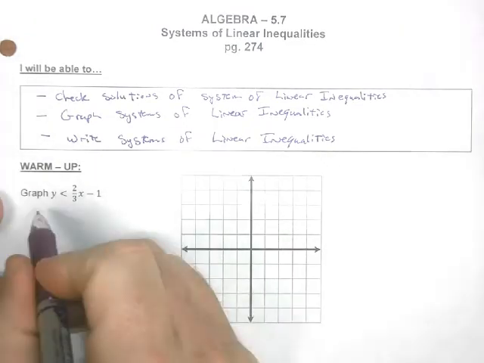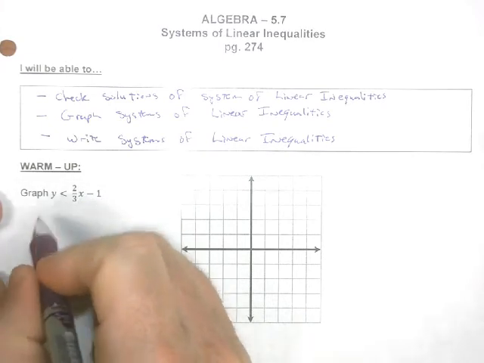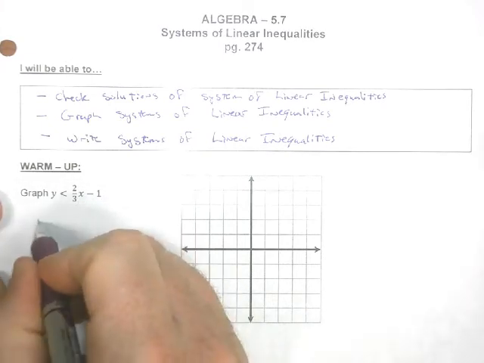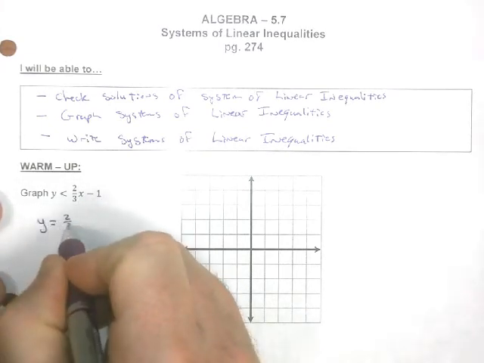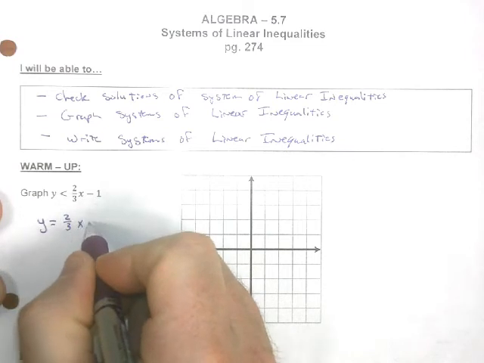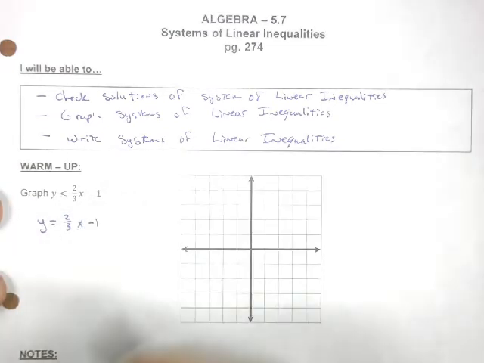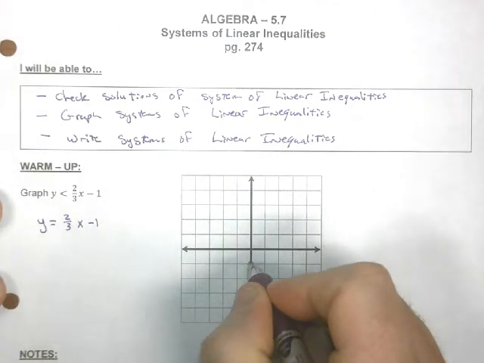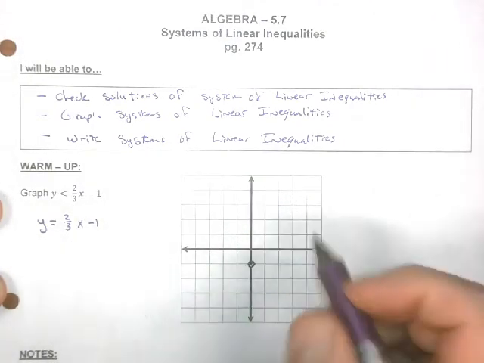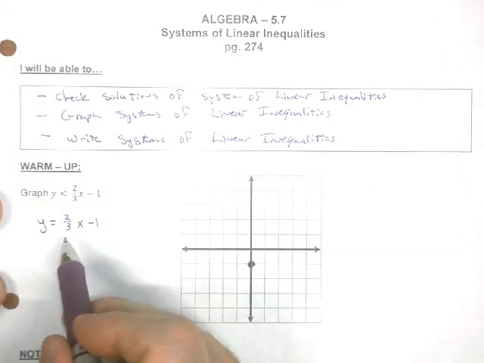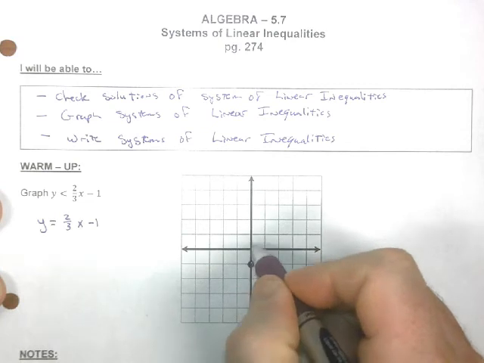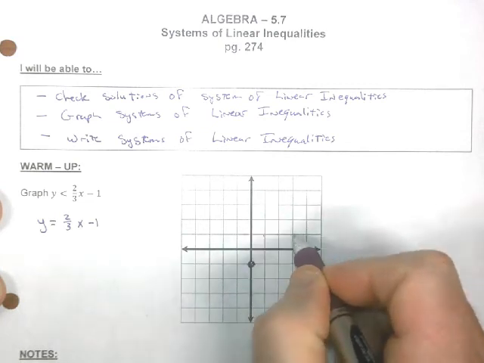So again, think of this as a linear equation, ladies and gentlemen. We're going to do our slope-intercept form. So y equals 2/3 x minus 1. So we're at minus 1, that's where our y-intercept starts. And then our slope is 2/3. So we count 2, 1, 2, 3.